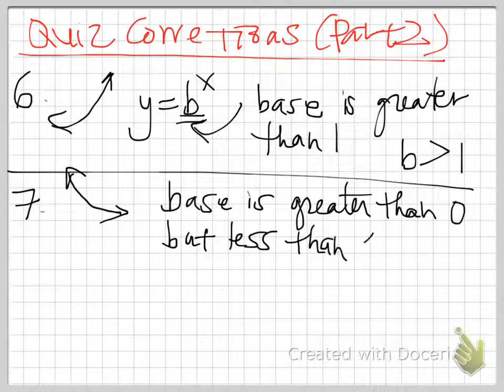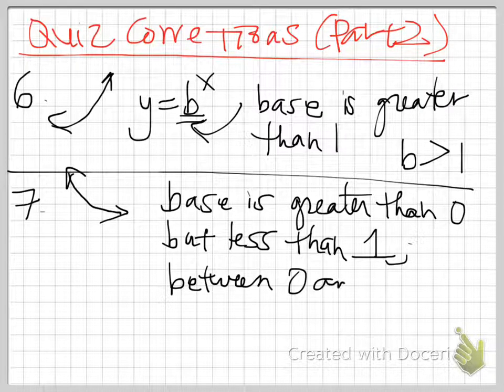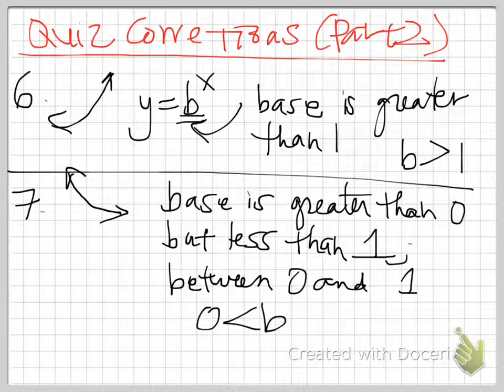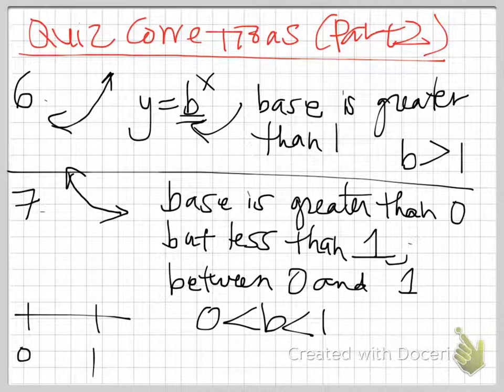Or you can say between 0 and 1. Or you could have said 0 is less than b is less than 1. If you think about it, that means b on the number line has to be between 0 and 1. It cannot be 1, it cannot be 0.